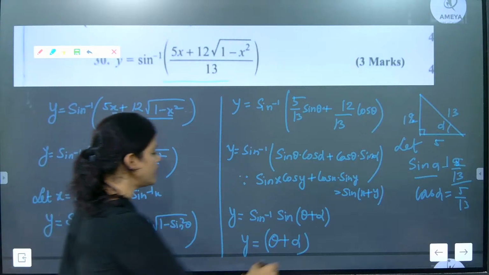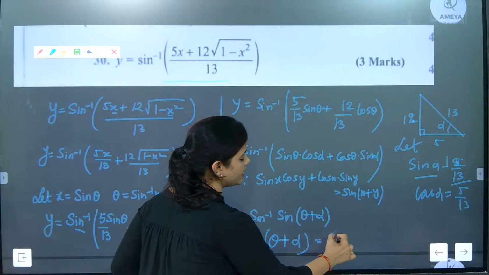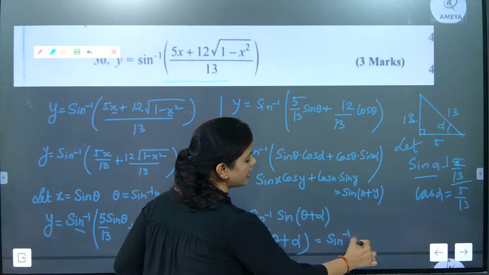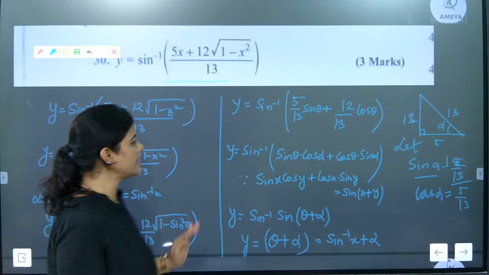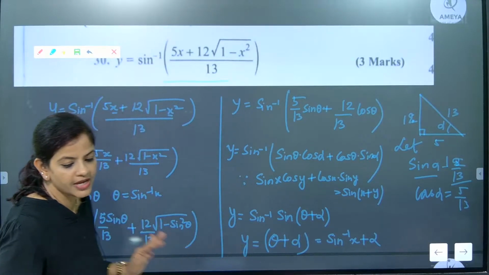So instead of writing theta, we can write sine inverse x plus alpha. Now we are exactly in that situation where we can solve.